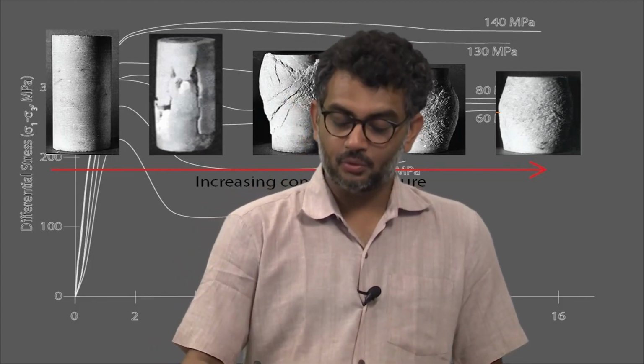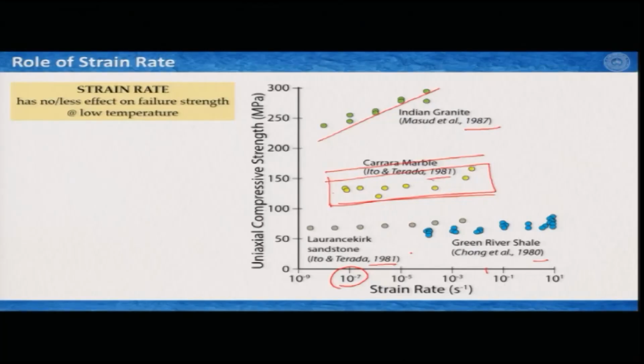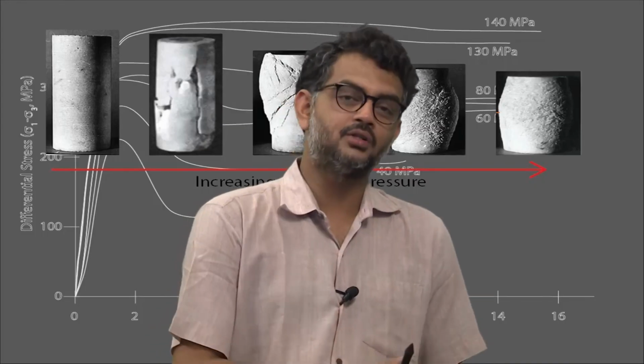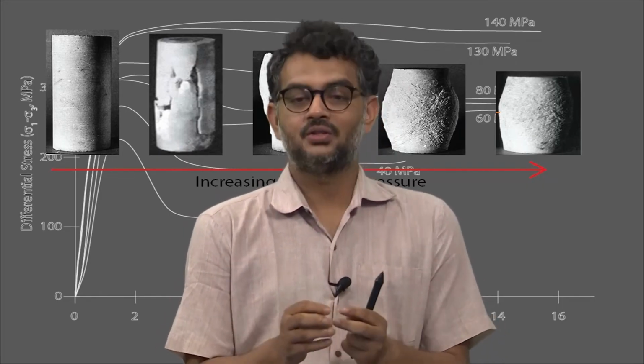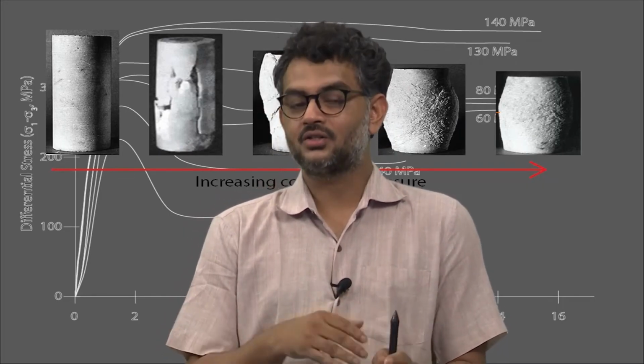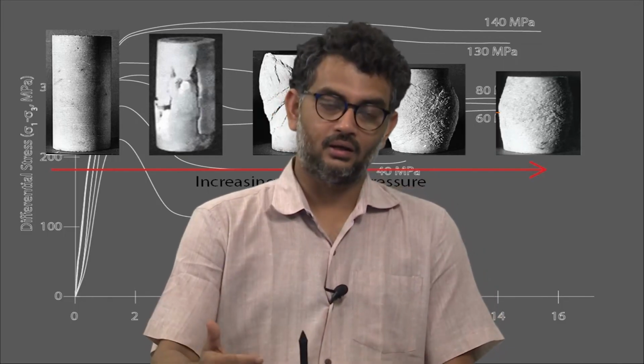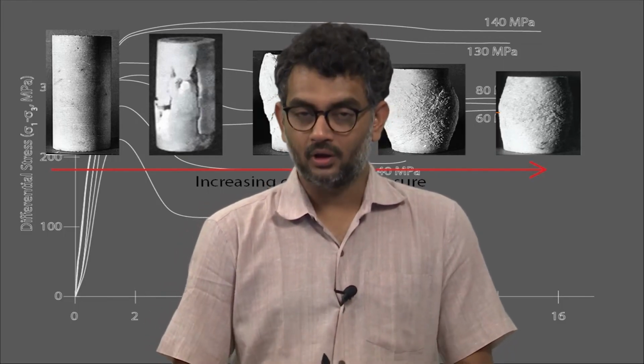But we still see with some granites, for example this Indian granite, and this kind of shale, that the strength is increasing slowly, even with Carrara marble. This is because these rocks are not ideal elastic materials. So they have some other components of rheology, maybe viscous, maybe a little bit plastic, and therefore the strength does increase, but it does not increase the way we saw with the Yule marble in the previous slide.